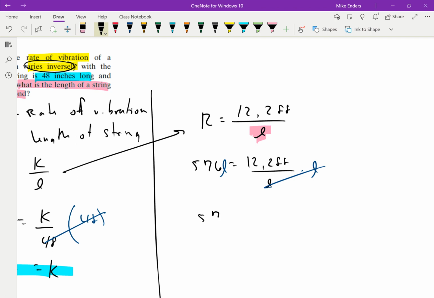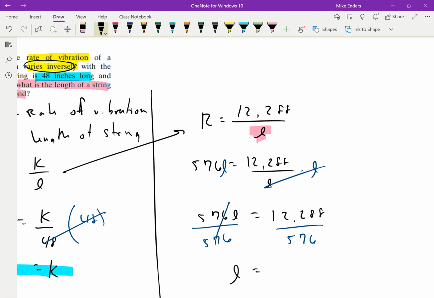What that does is move the length over to the left side. 576L equals 12,288. Now I can divide both sides by 576. So on the left side, the 576 cancels.